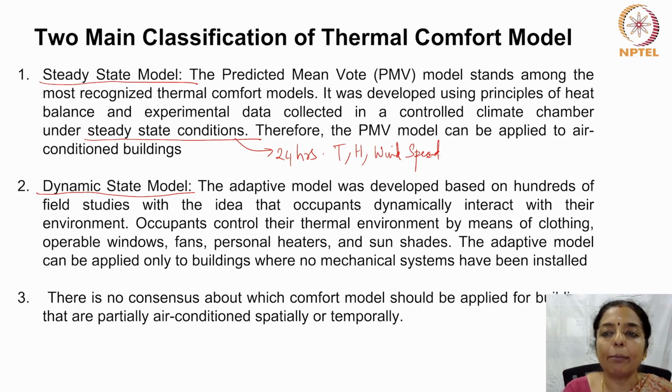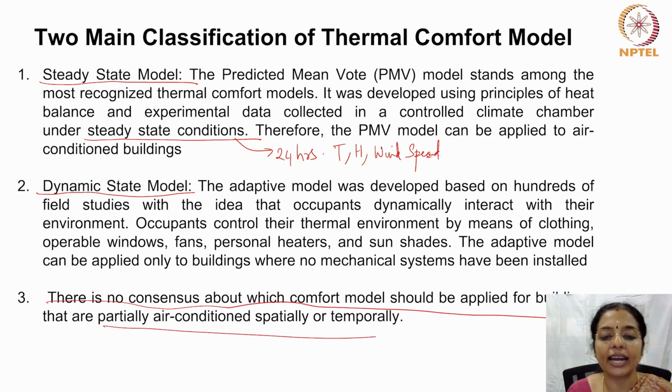The adaptive model can be applied only to buildings where no mechanical systems have been installed. As of now, there is no consensus on which comfort model should be applied for buildings that are partly air conditioned and partly naturally ventilated.